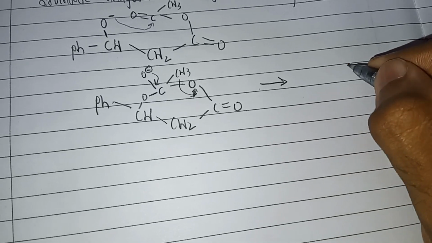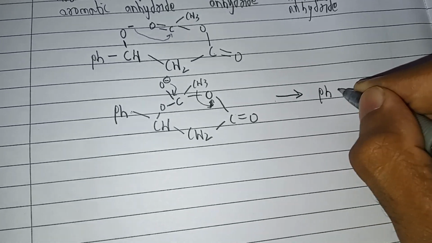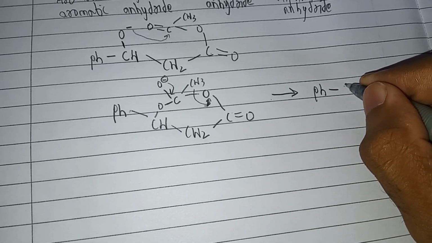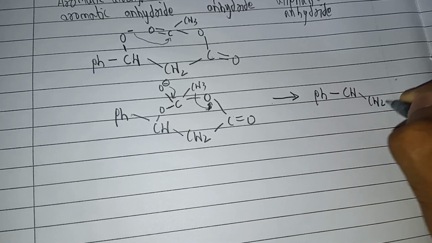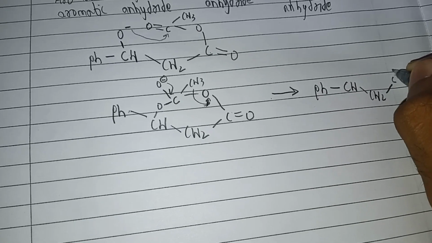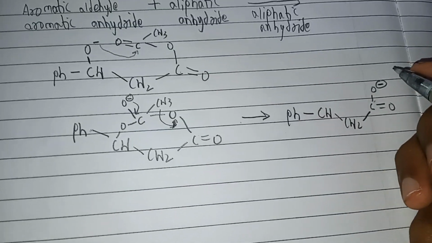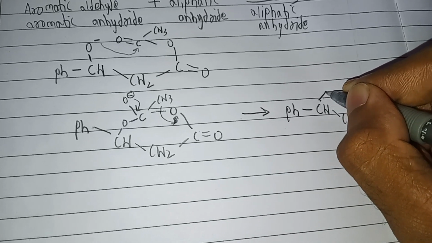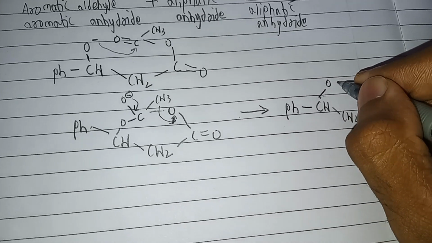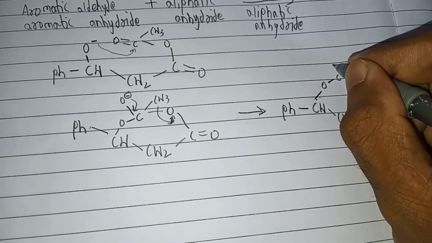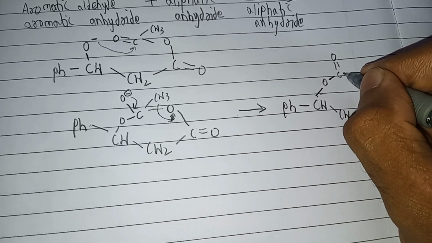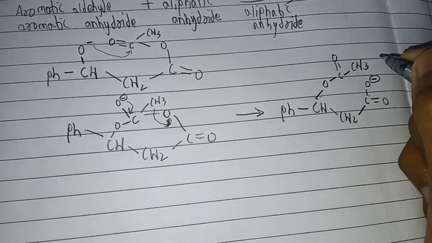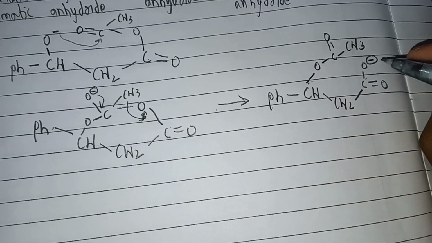So we have here a 6-membered ring that is now broken: PhCH, CH2, C double bond O, O negative, and this CH is joined with O, C double bond O, CH3. So this is what we have now.